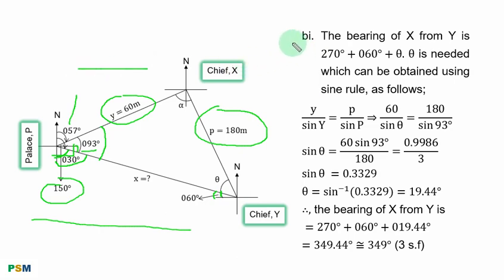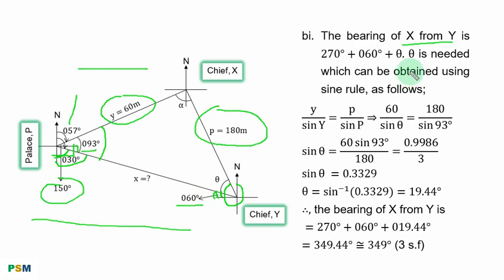B, Roman figure 1. The bearing of S from Y. You start moving from the north to that point that joins S and Y together. That is 270 degrees plus this angle, 60 degrees plus theta.